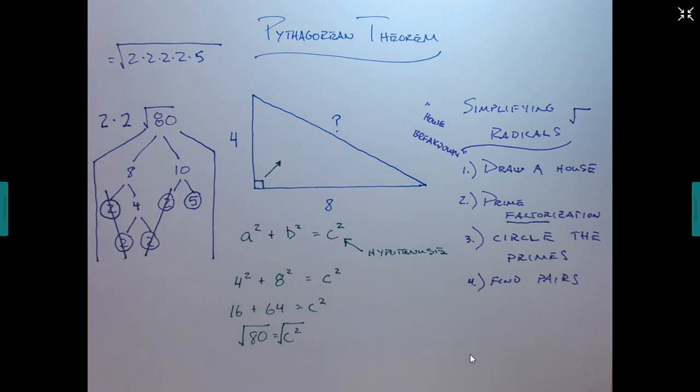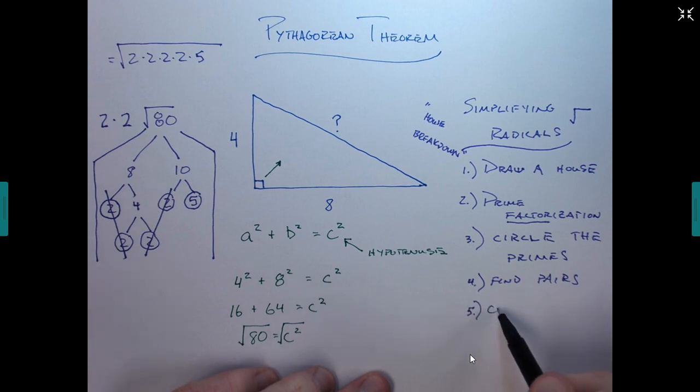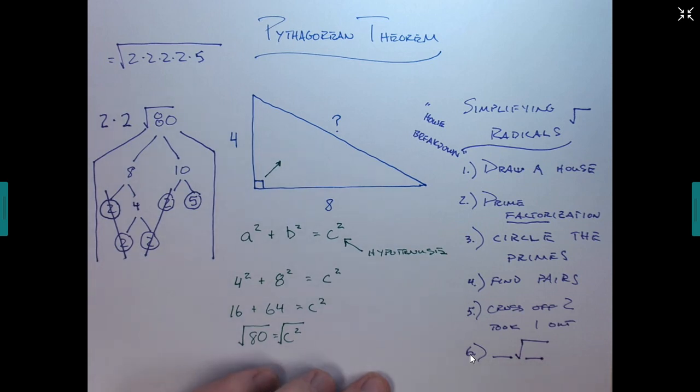Okay. So we found pairs. All right. We crossed off 2. We took 1 out of the house. All we need to do on step 6 is decide what made it outside the house and what still is in the radical or in the house.